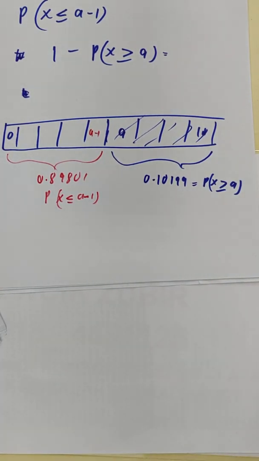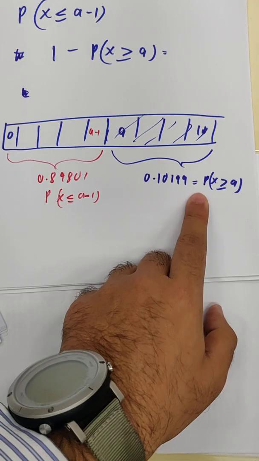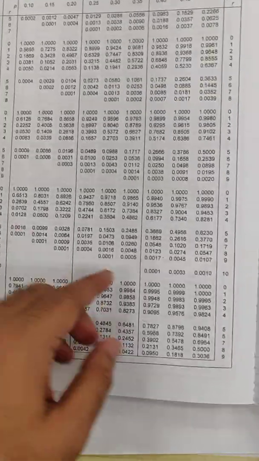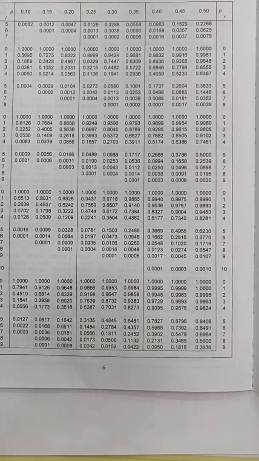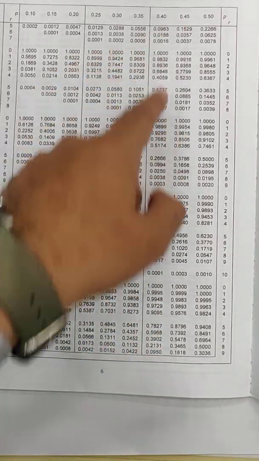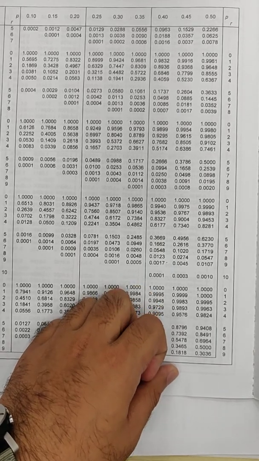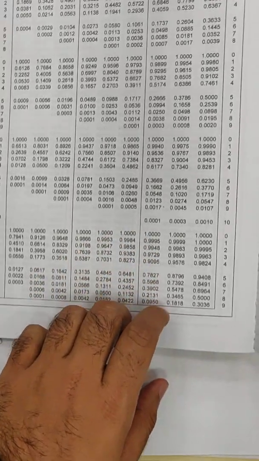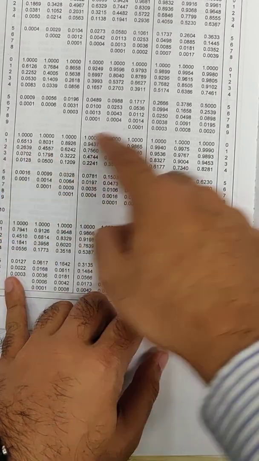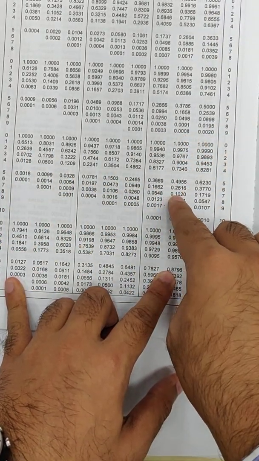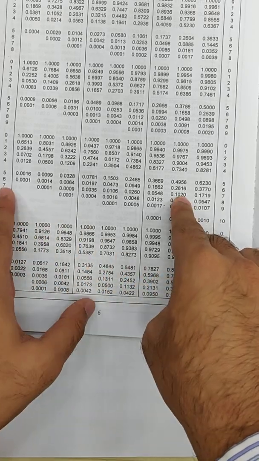So can we find it in the book? This is confusing, so that's better. It's not really there, but which one is our nearest? Okay, 0.1020. This is our nearest, so 7.